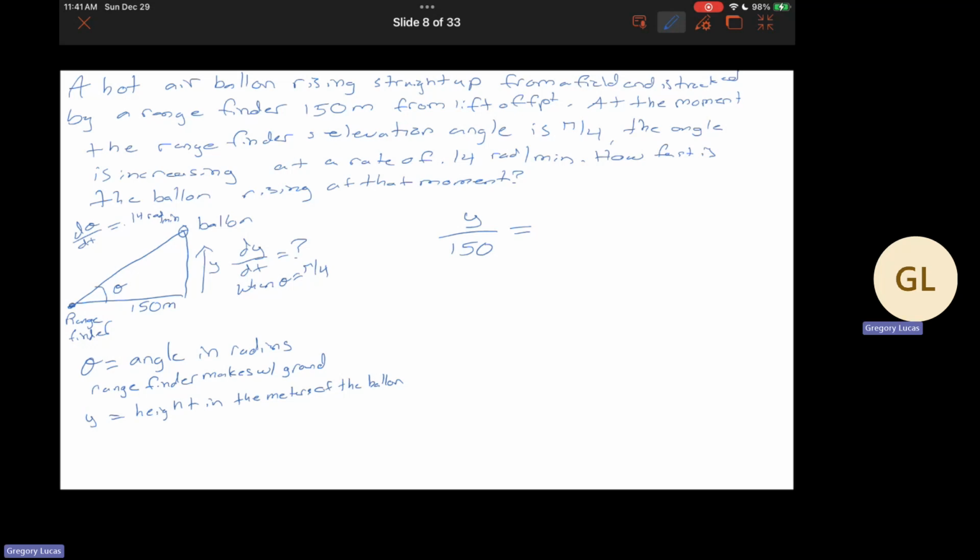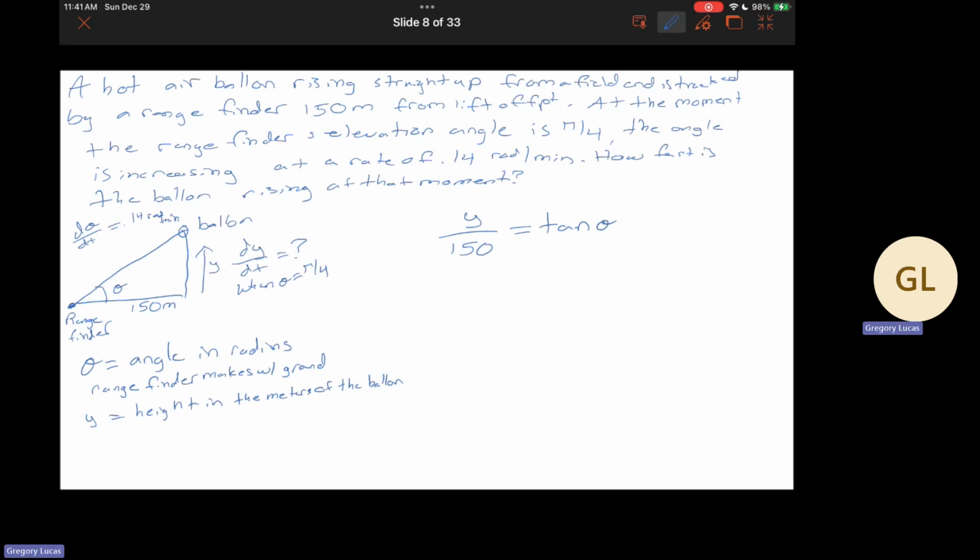I could have done 150 over y as well, but it's probably a little easier to do y over 150. So y here is our opposite. 150 is our adjacent. So we think, what's opposite over adjacent? Opposite over adjacent is tangent. So we have y over 150 is tan theta.